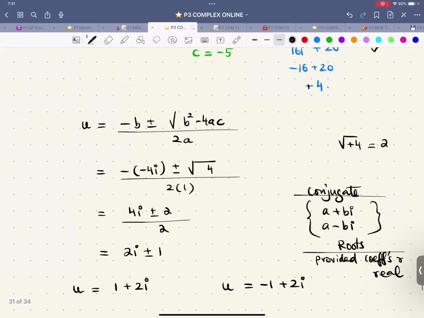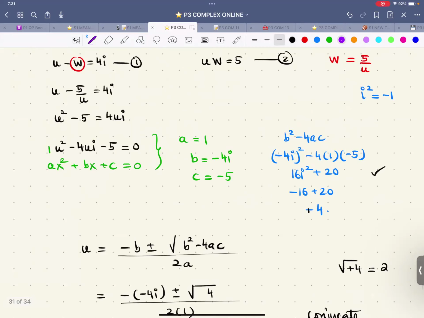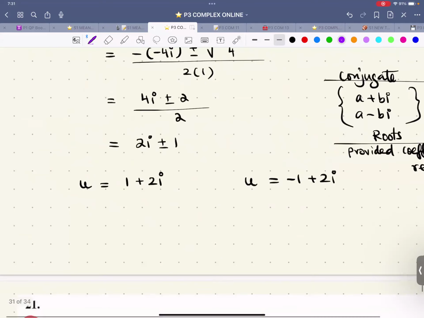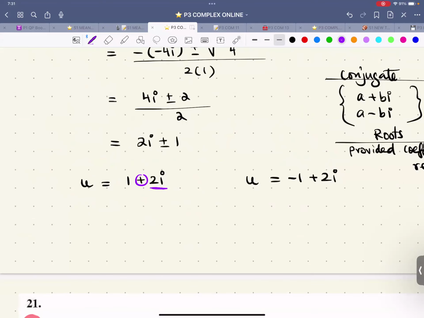But if the coefficients are not real, as is the case over here, if one of the coefficients is complex or imaginary, then you get a different type of conjugate. We have seen such questions in class. So this is like imaginary plus real, imaginary minus real. But we are not interested in that. We are just solving this for the sake of solving it.